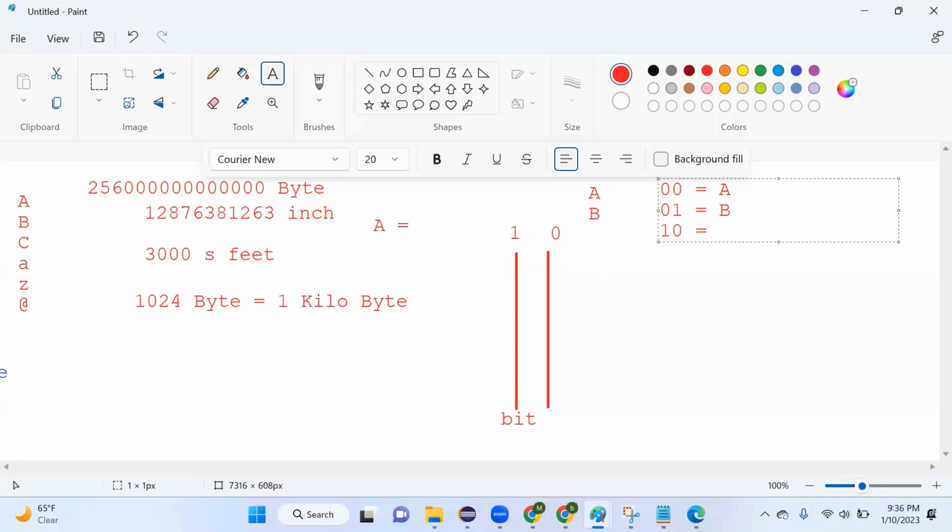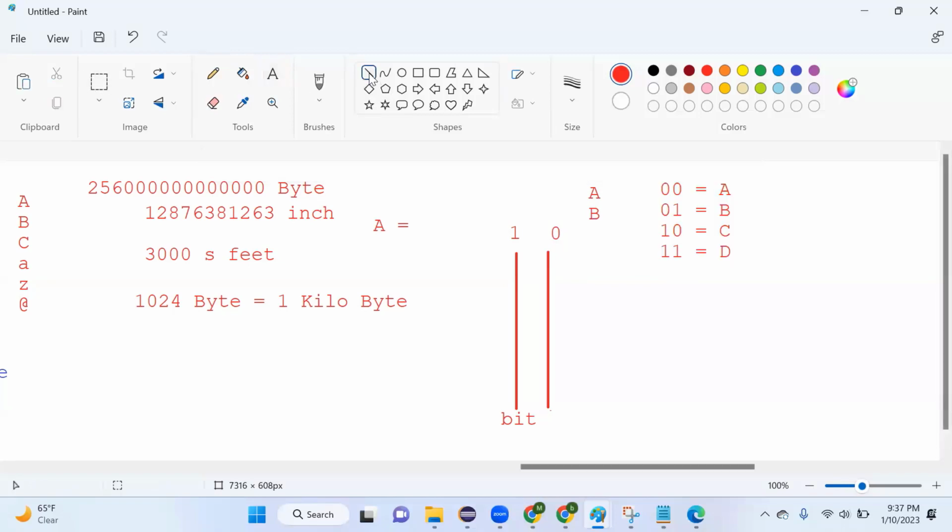I mean, they derived all the combinations and marked them as expressions of letters, right? Like 1, 1 will be D, 1, 0 will be C. This way, they successfully sent 4 letters.